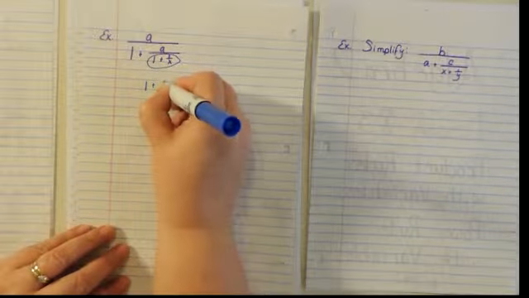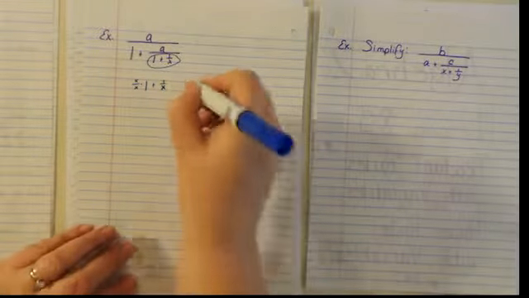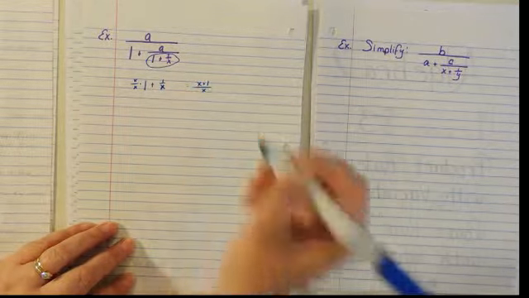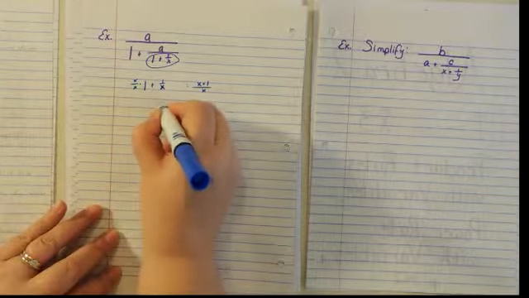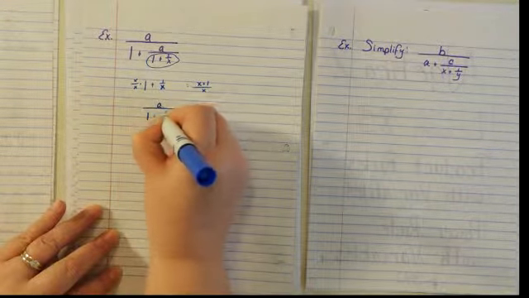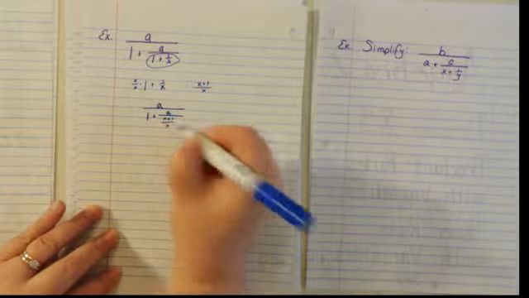We're going to find our common denominator again, which is going to be x. We're going to multiply the 1 times x over x, and we're going to get x plus 1 over x. Right? Put that back in. We have a over 1 plus a over x plus 1 over x.